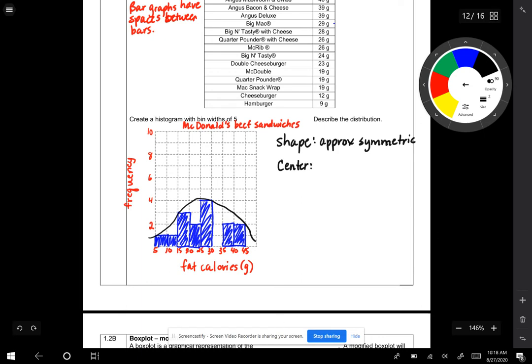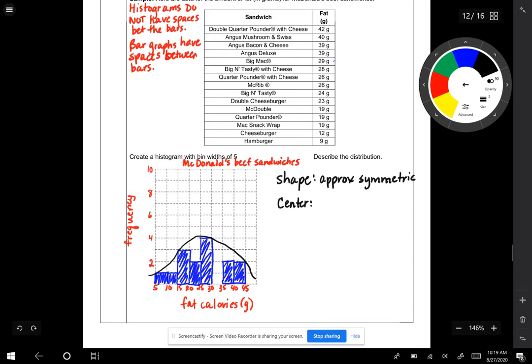For the center, for this particular one, you could use the median, that the median is in the interval 25 to 30. Of course, you can go over here to your table and actually find the median. So I'm looking over here, and there are 1, 2, 3, 4, 5, 6, 7, 8, 9, 10, 11, 12, 13, 14, 15.